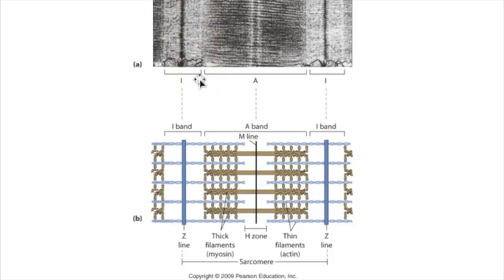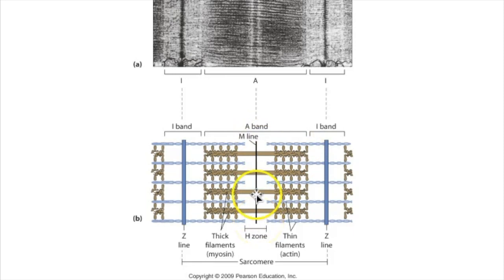In addition to the A band and the I band, we can also see a line through the very center of the A band. This is called the M line, and this is where the myosin proteins are bound to each other in mirror symmetry. There's a bundle of myosin protein over here, and there's a bundle of myosin protein over here, and the 2 bundles are joined together at the M line.